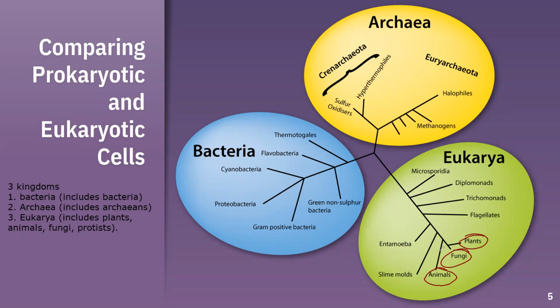Some of them are colonial, have like a grouping of cells, but most of them are single-celled. Okay? And protists are more abundant and diverse than animals. So what I want you to remember from this is that there are two types of cells.